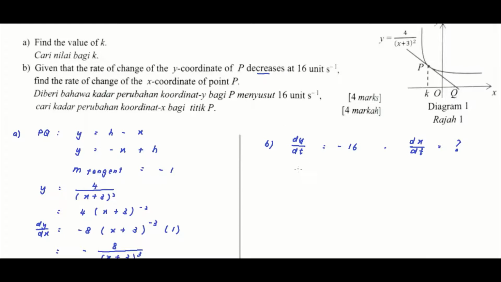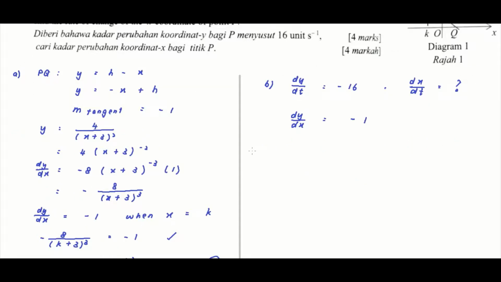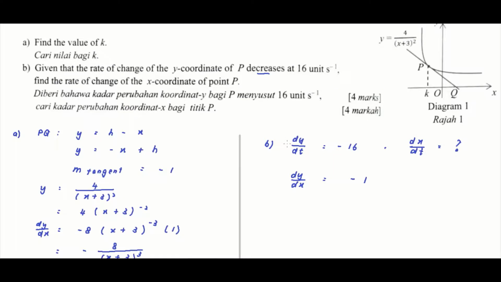In this case, it will be easy, we just use what we have in A. So dy/dx at point P is actually negative 1, right? dy/dx is the gradient of the tangent. What you can see is dy/dx equals negative 1 when x equals k, and when x equals k, it represents the point P. So at point P, dy/dx is negative 1.